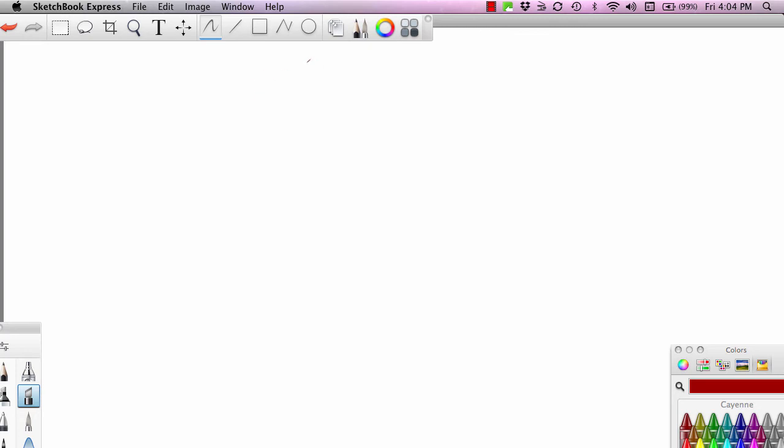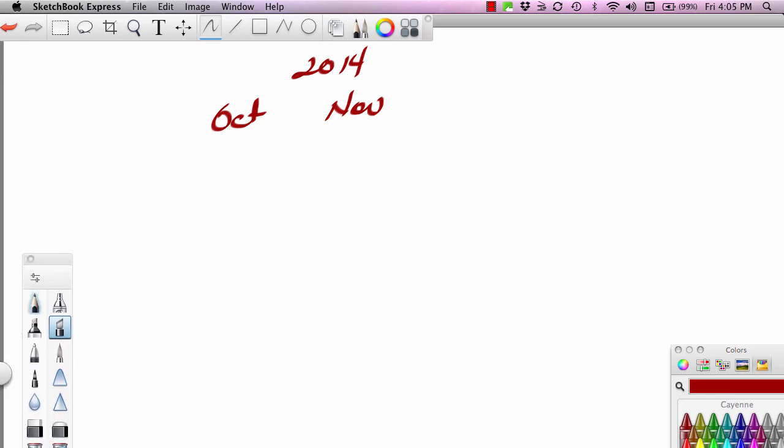So I'm looking at 2014, and I'm going to put some data across here. Here's October, here's November. Better than doing that, let me erase this and do it this way, more efficiently. So October, November, December, and I'm going to compare 2 years actually.